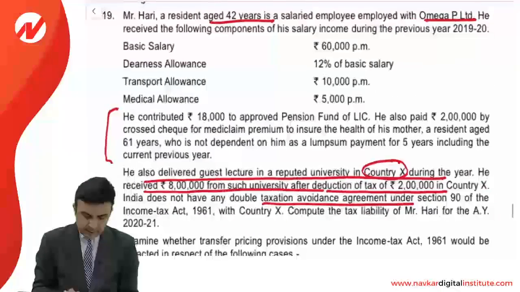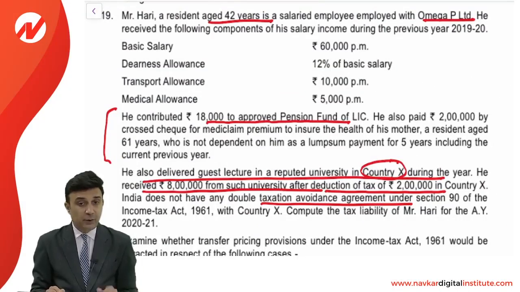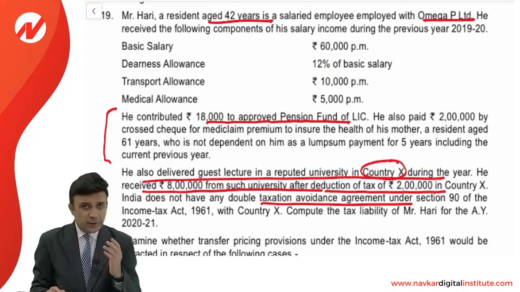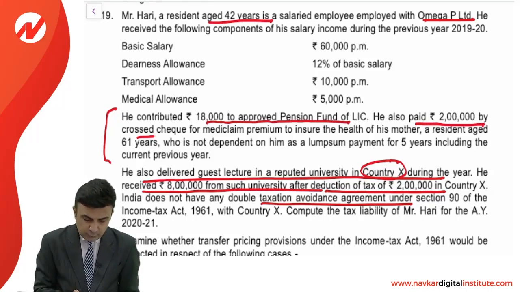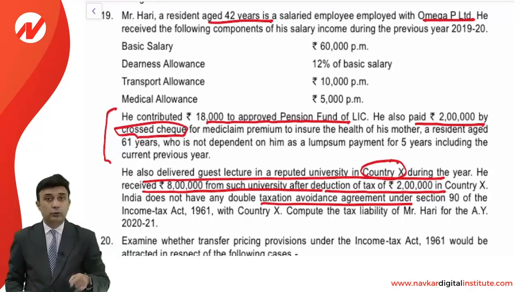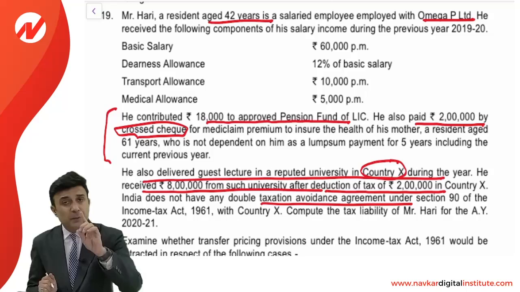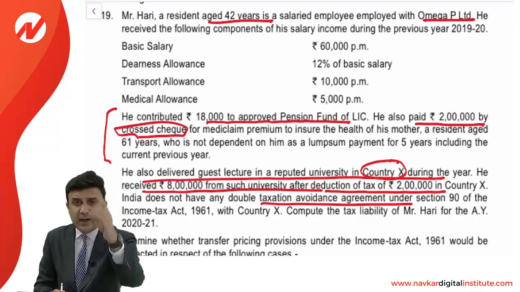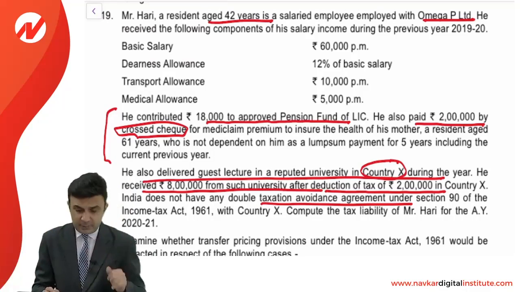Now what deductions is my client able to get? He contributed 15,000 to an approved pension fund of the LIC. He'll be able to get 80CCC deduction, whatever you want to call it, and he also paid 20,000 by cross cheque. If it is medical insurance premium paid by cross cheque, it would do. It should be paid by any mode other than cash. Even if it is cross cheque, bearer cheque or account payee cheque, ECS, any other mode of payment, it will be acceptable.